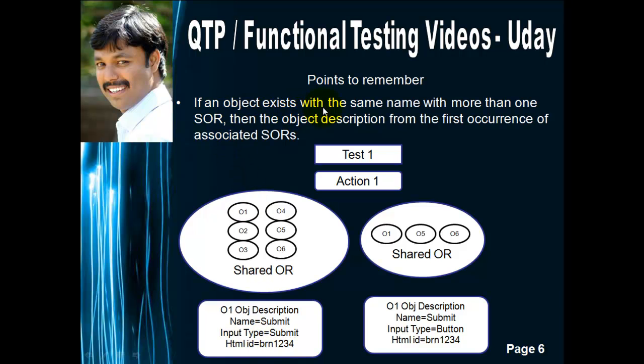If an object exists with the same name in more than one shared object repository, then the object description from the first occurrence of the associated shared object repositories is used. So whichever is associated first, in this order, the object description existing in that shared object repository will be used.